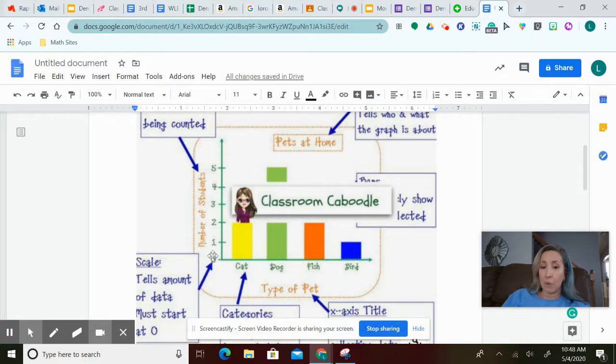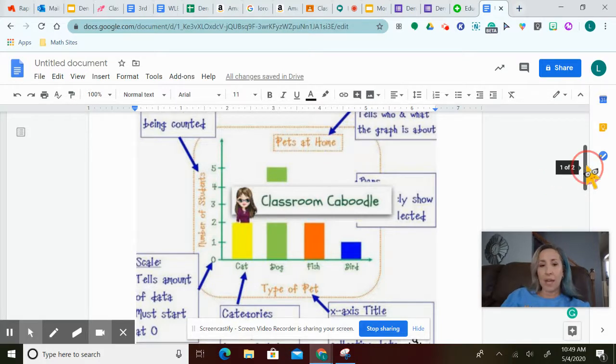So instead of going by ones on my scale, I might want to skip by twos or fives, maybe tens. So you want to make sure that you have an appropriate scale to represent and show the amount that you got of each move. And then the last thing is you want to have a label for your y-axis. This is the number of students. Well, for mine, it would be the number of moves. Okay, the number that I got of each move.